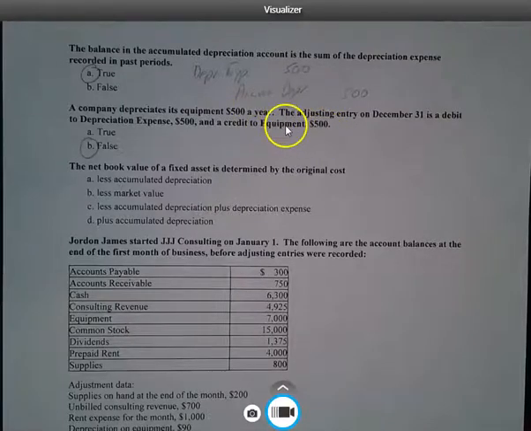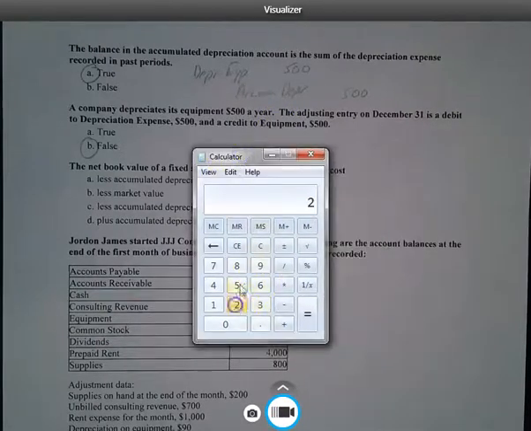Let's say this equipment costs $2,500. That equipment is going to show up on the balance sheet for $2,500. But then we're also going to show accumulated depreciation as a credit amount of $500.